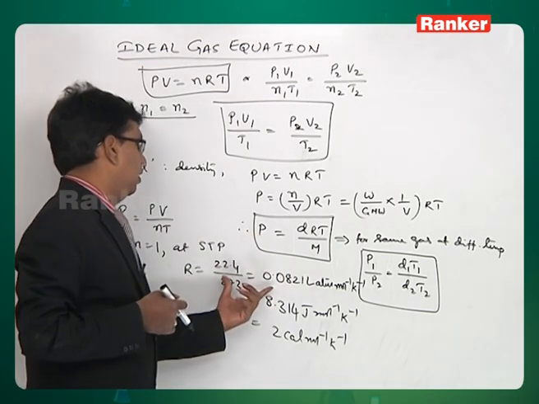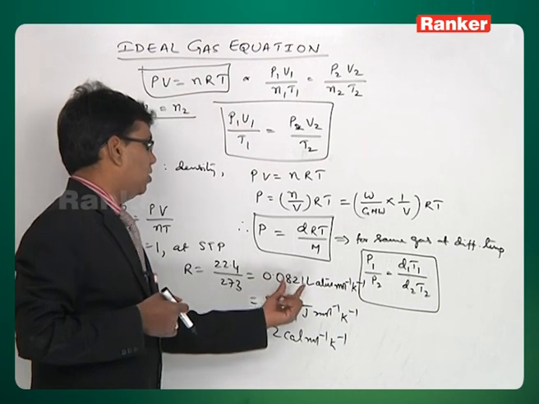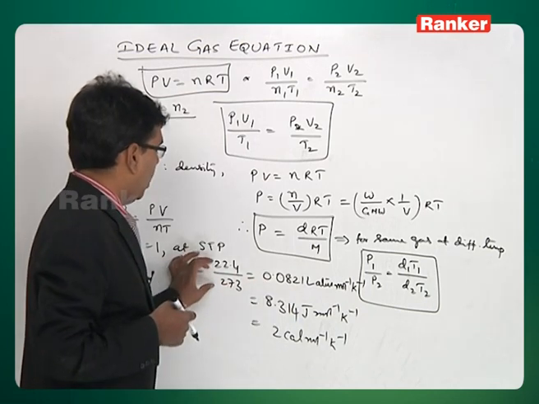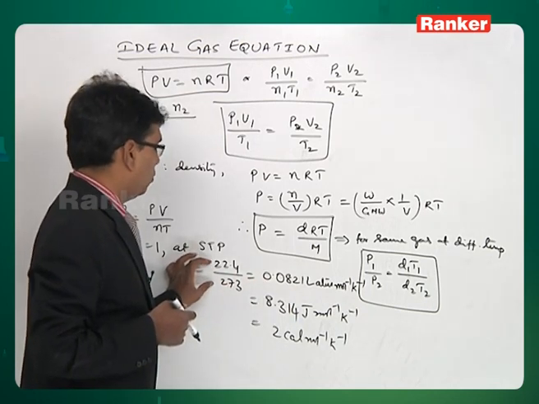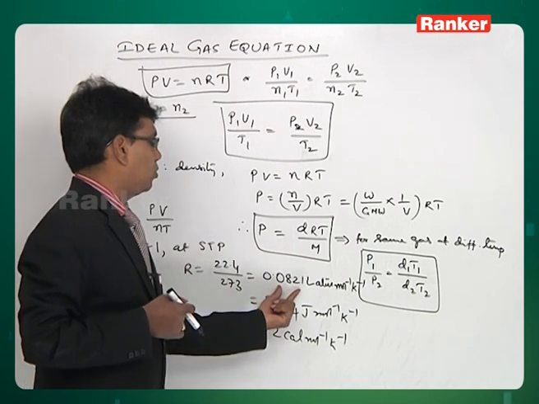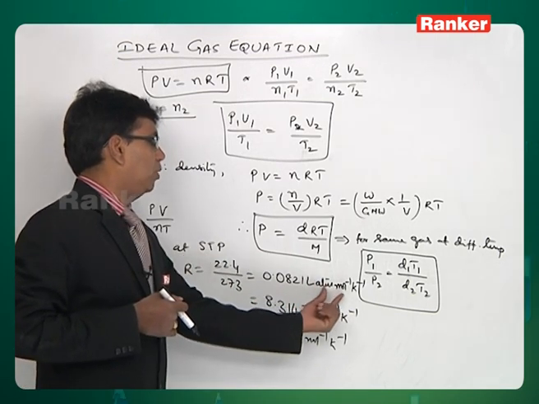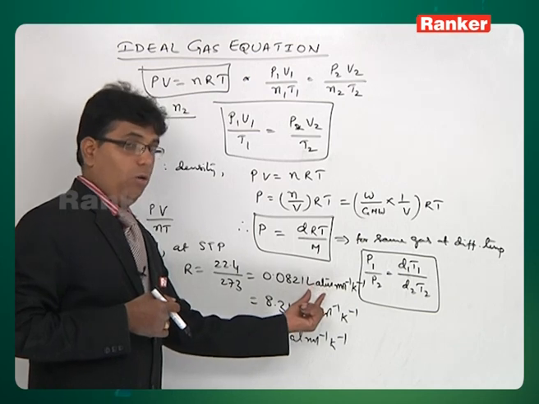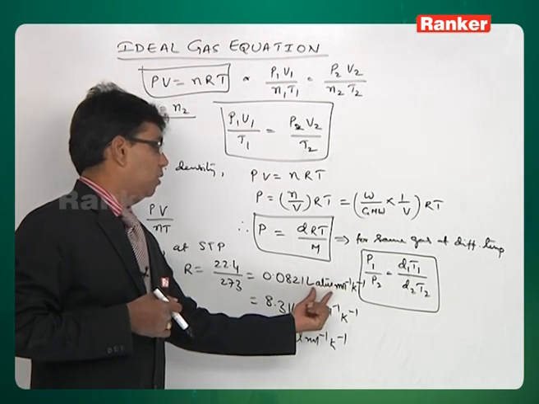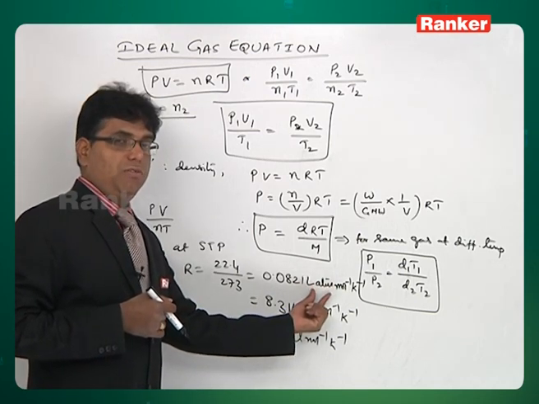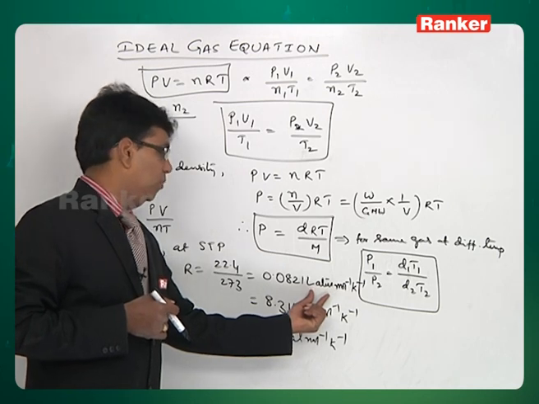So, while doing problems related to the ideal gas equation, let us stick to 22.4 by 273 or 0.0821 liter atmosphere per mole Kelvin, because most of the times the volume will be given in liters and pressure in atmosphere.